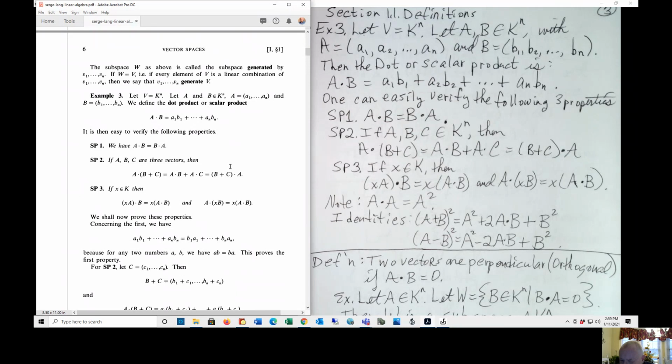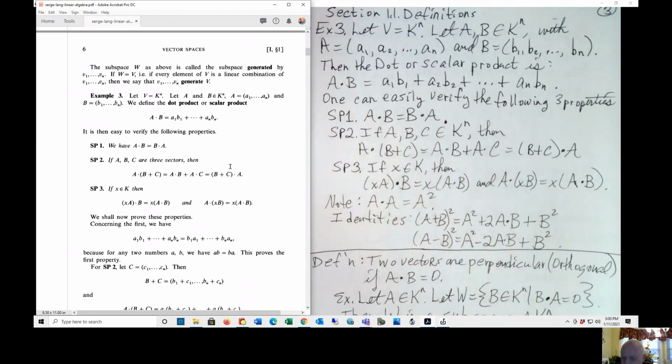Note that A dot A is often written as A squared, but that's the only occasion that we use that notation. We don't use A cubed for A dot A dot A. And then we have the normal identities that you know in college algebra.